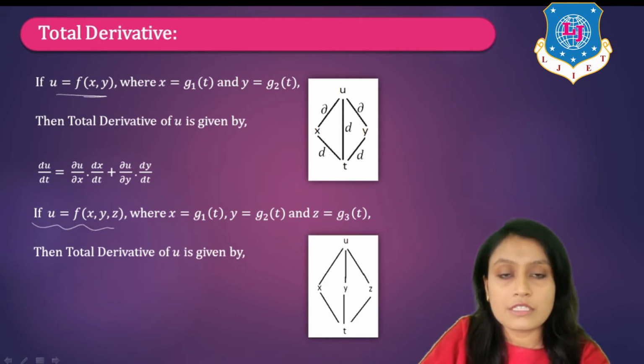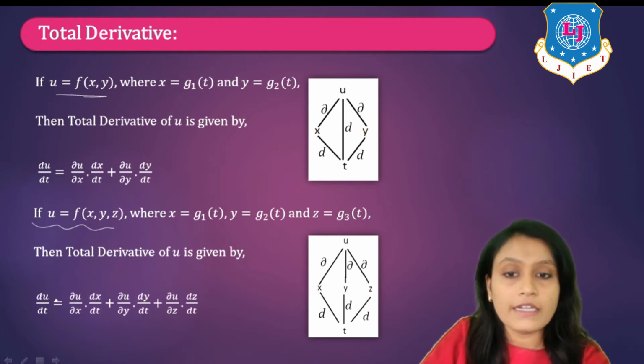Firstly we will draw this tree diagram. Now you can see u is a function of three variables, so here we write x, y and z. And these x, y, z are functions of t, so we will write t here. Here we have more than one variable, so we will write del, and here we have a single variable, so we will write d. Now the formula to find du by dt is what?